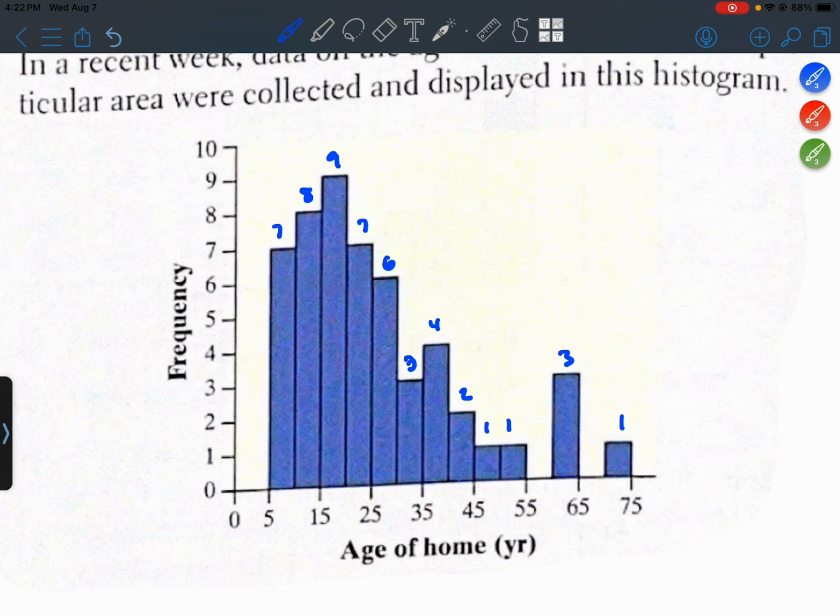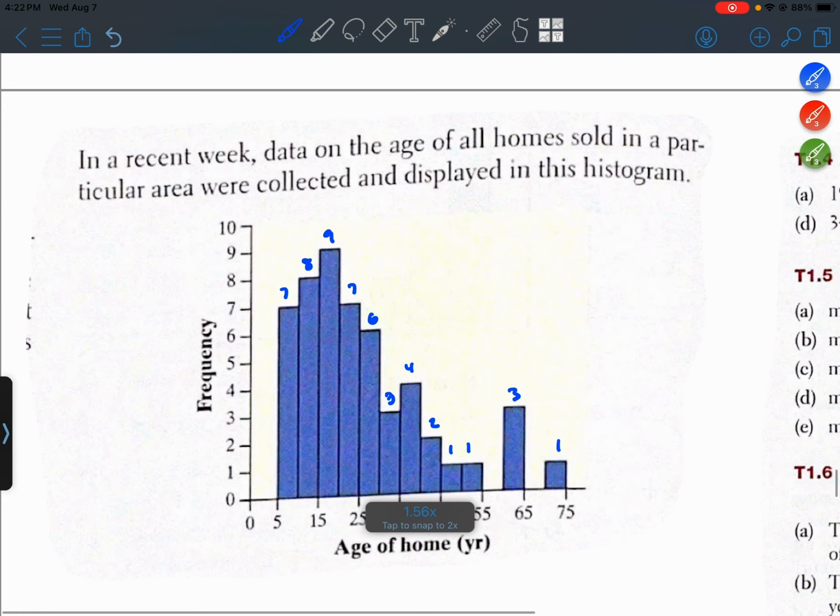I'm going to quickly add these numbers up off screen. I got 52. Just make a note, n equals 52 is our sample size.